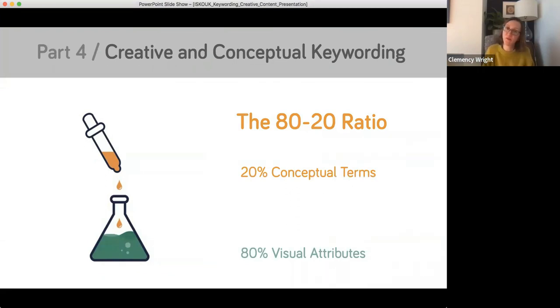And as we saw in the example of the child on the train, those can vary quite a lot. So we all see a child, we can see the train, we can see the window, but then it's what we do with that information and how we convey that into concepts and how we interpret that changes. And this is quite a helpful way of looking at that in terms of the keywording process.